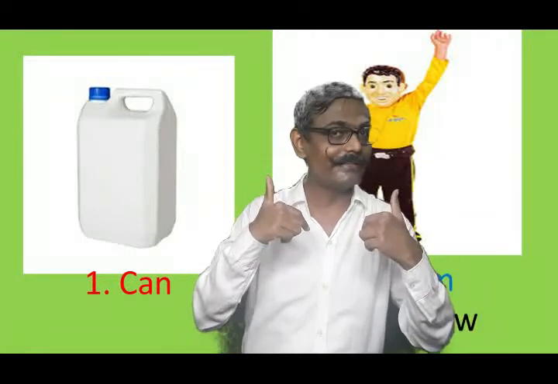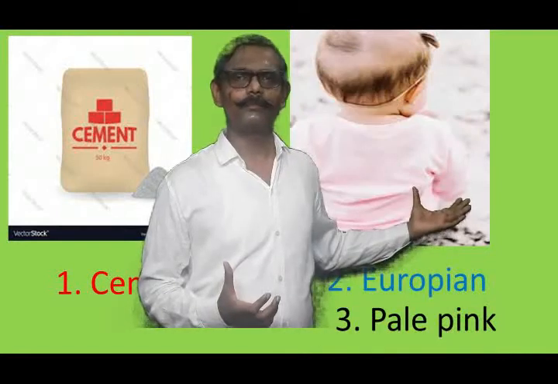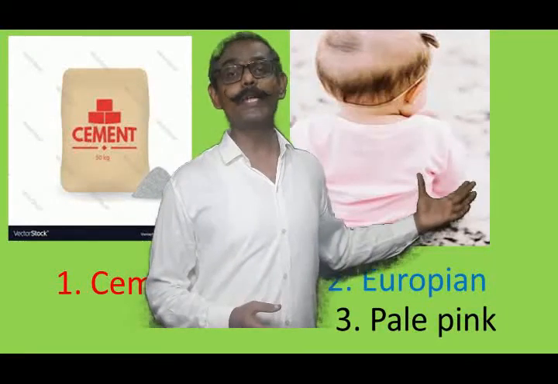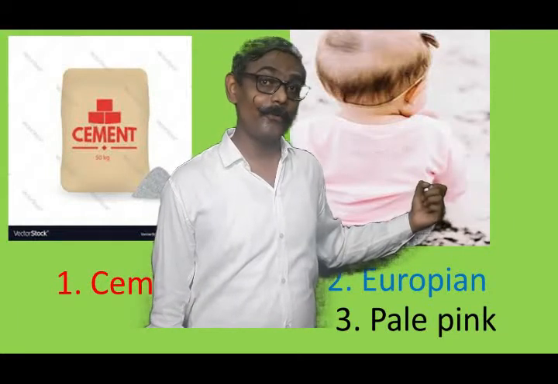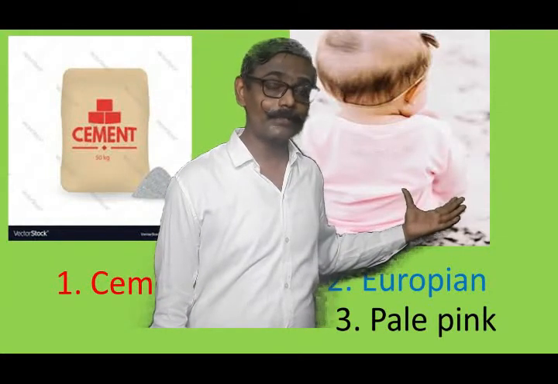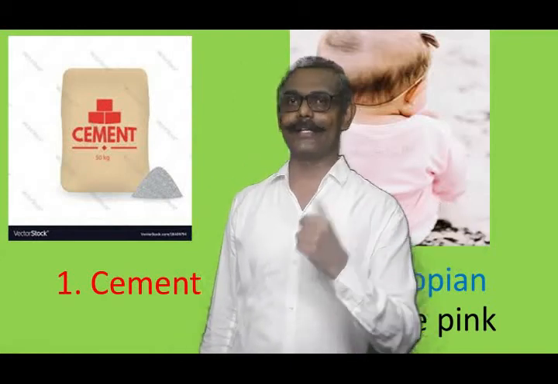Now let us see the next slide. What is here? Cement, and a person, a European person. What is the wear of that European person? Pale pink. Now the next slide. What is here? A cafe, a non-living thing.